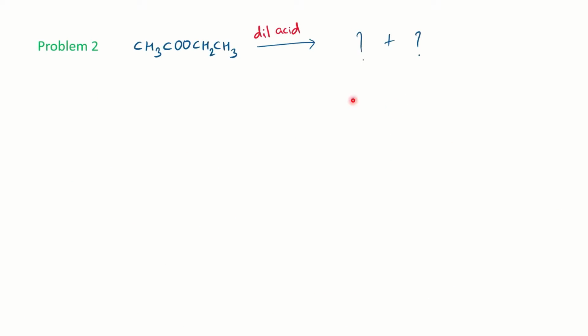Now if you have this type of ester in the presence of dilute acid, you have to identify, obviously it cannot be AAC1, right? So what is the possibility? Now again, alkyl cleavage is also not possible here, right? Because it doesn't form a stable carbocation. What is left then?